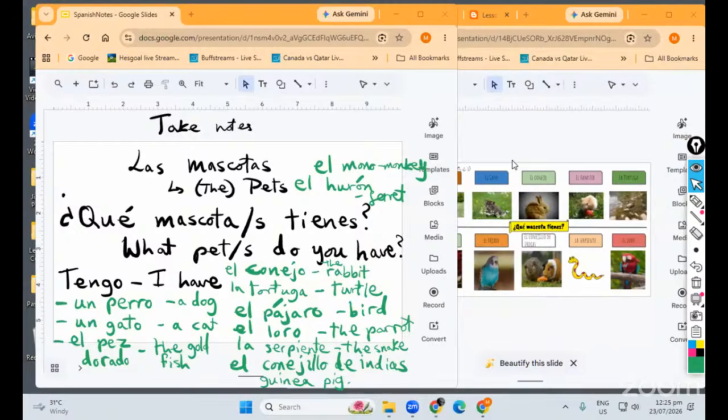Who has a pet rat? Rat is rata, or well, rato, I guess it could be for masculine, right?